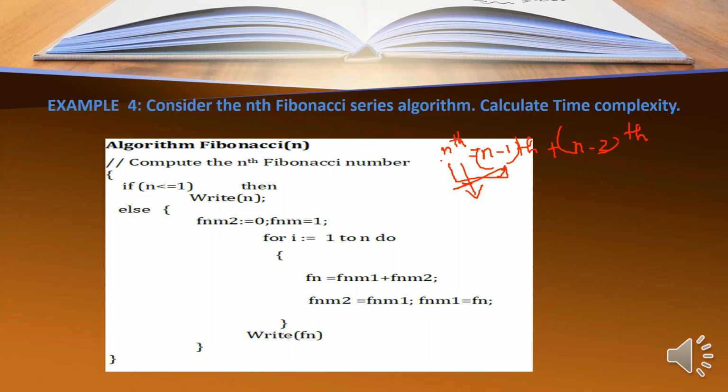This recently calculated number will also be used for calculating the next number, that's why this initialization is done. After calculating the nth Fibonacci number, we write that output.